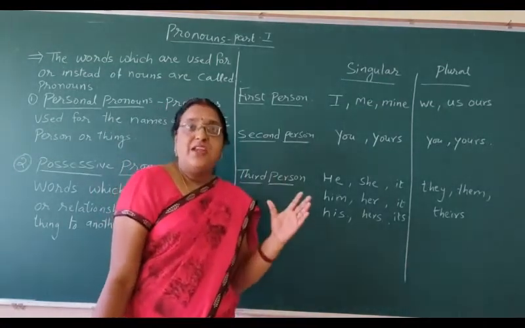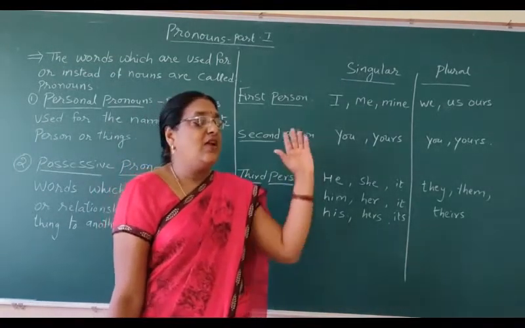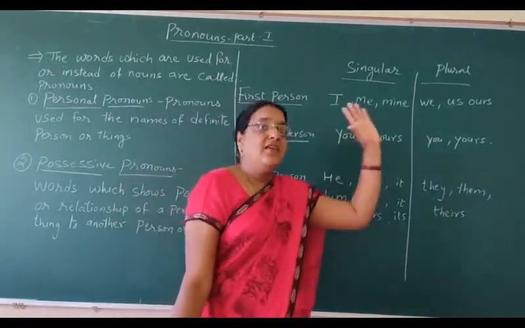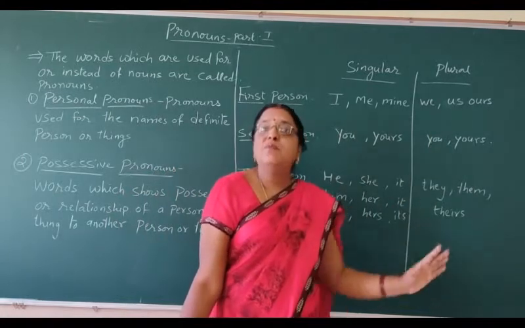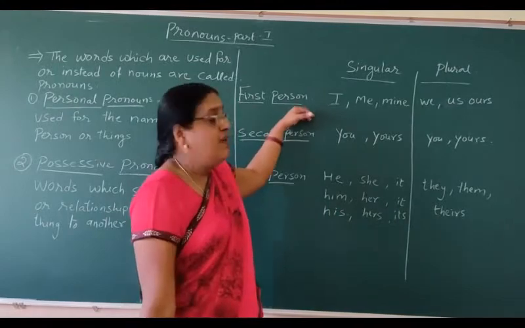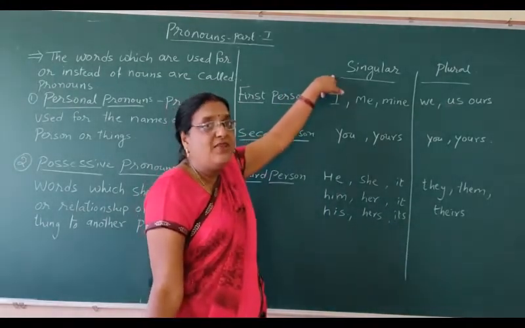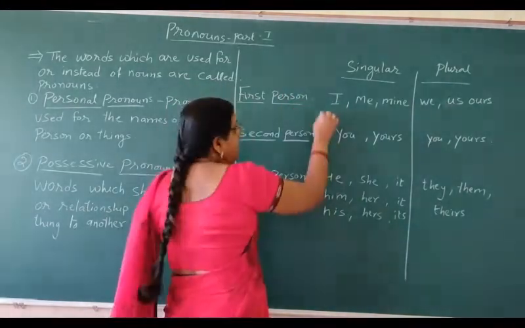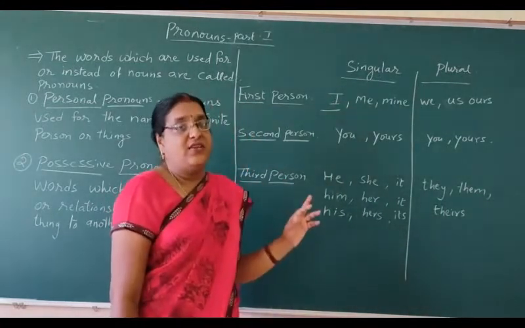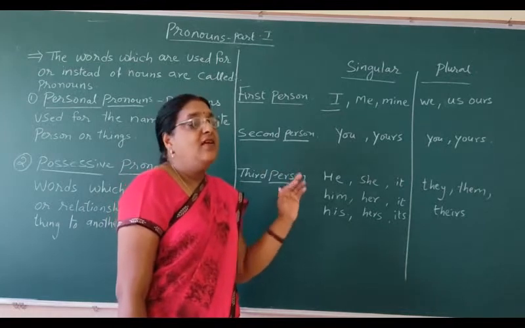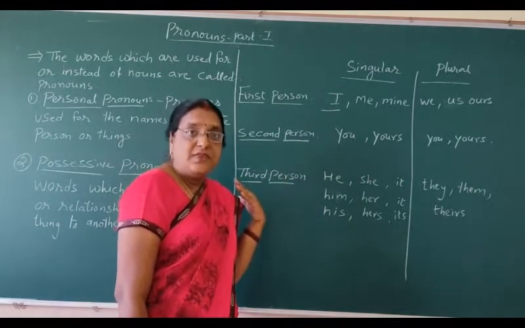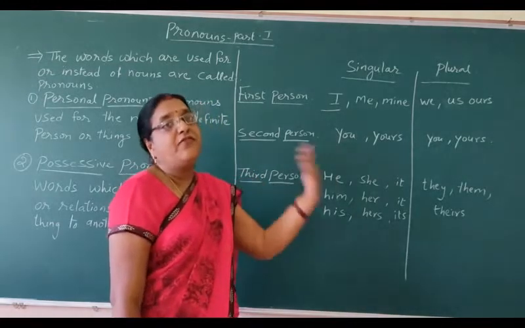We have studied that in a sentence we use a noun or a pronoun in the subjective case, the objective case or the possessive case. In the first person singular, what comes? I. I is the subjective case. Subjective case comes before a verb. The objective case comes after the verb.